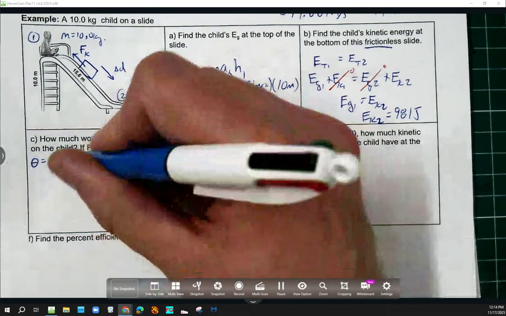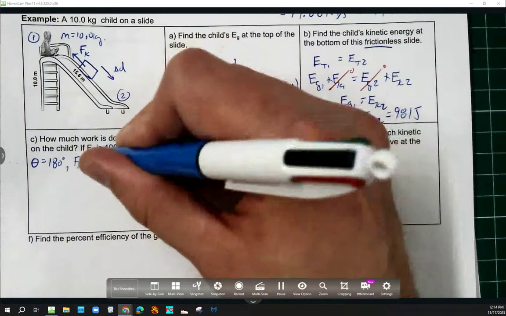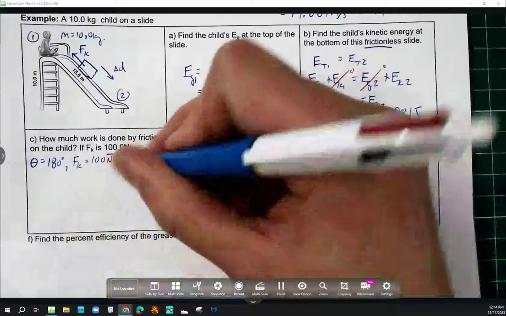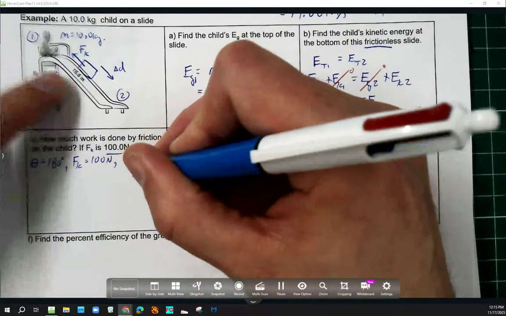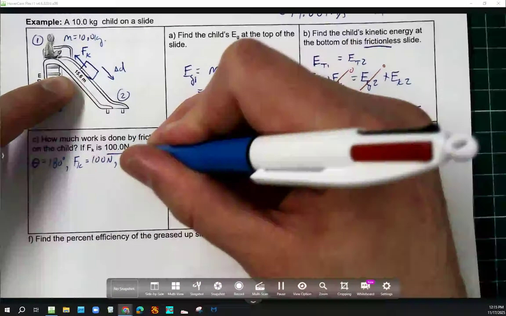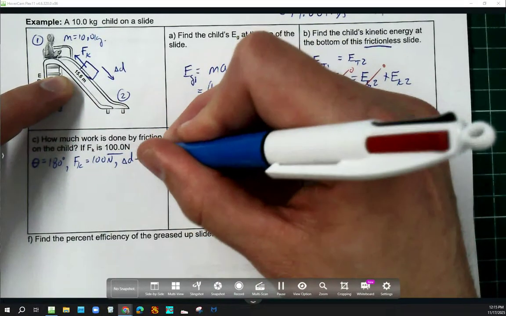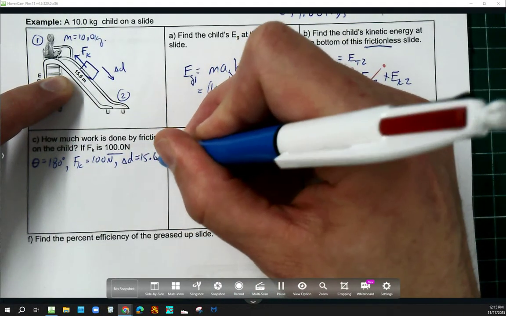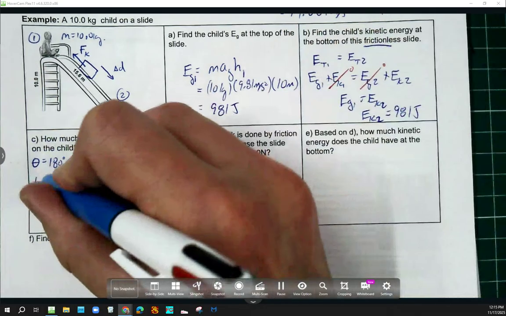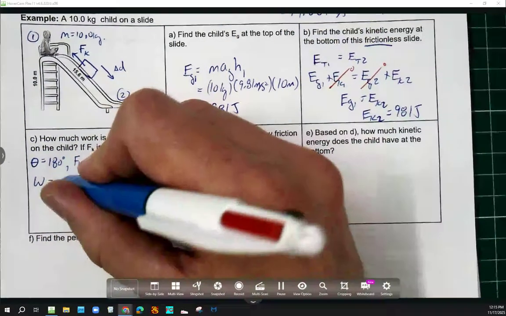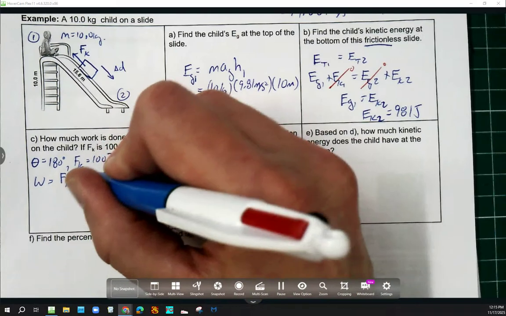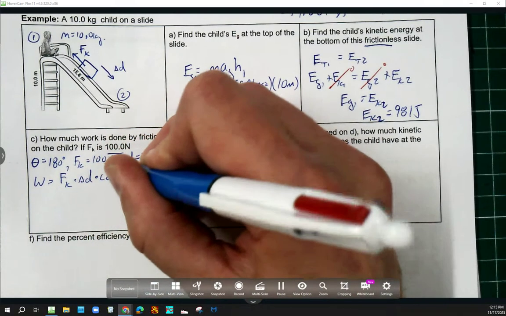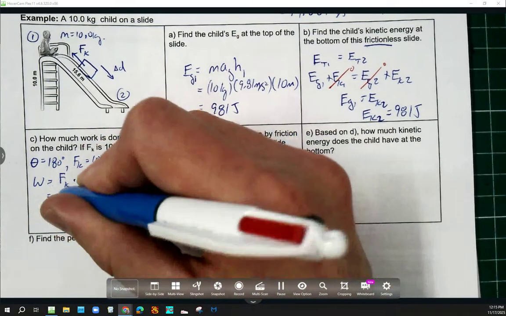If the Fk, I'm just writing my givens, is 100 newtons, and the displacement looks like the slant of my slide is 15.6 meters, then the work done on a kid going down this slide would be equal to Fk times displacement times cosine of theta. We sub in our values, 100 newtons.